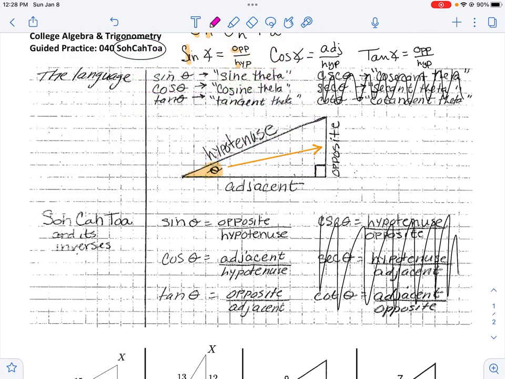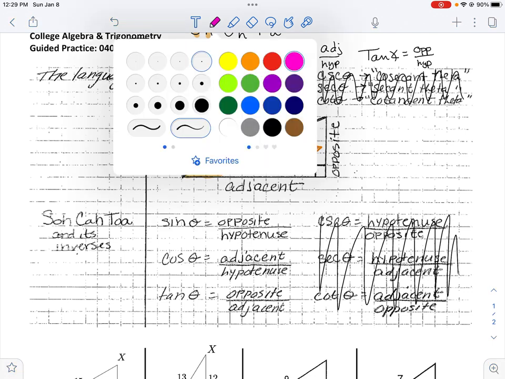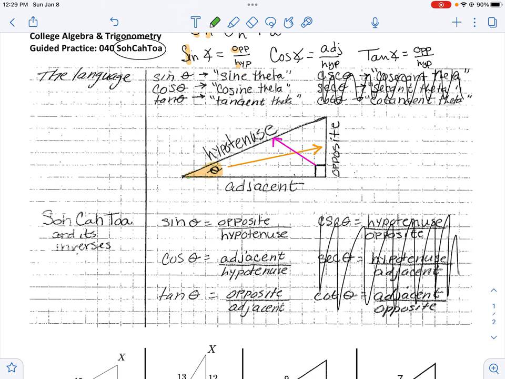Across from the right angle is always the hypotenuse. And that means the other side, the one that you could actually reach out and touch on part of this angle, is the adjacent. Okay, so that's how we determine that.